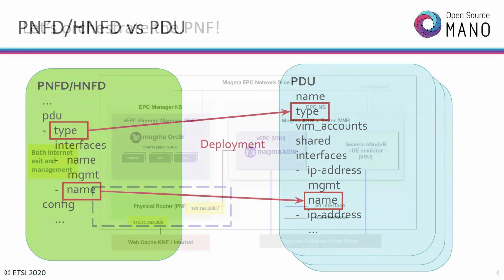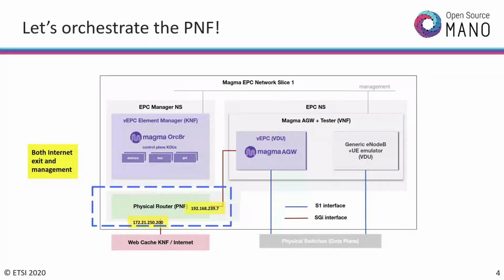So what we are going to do, going back to this diagram, what we did the first day was we prepared and built this DNF, which is formed by two PDUs: the Magma Access Gateway, which is a packet core, and an emulator.